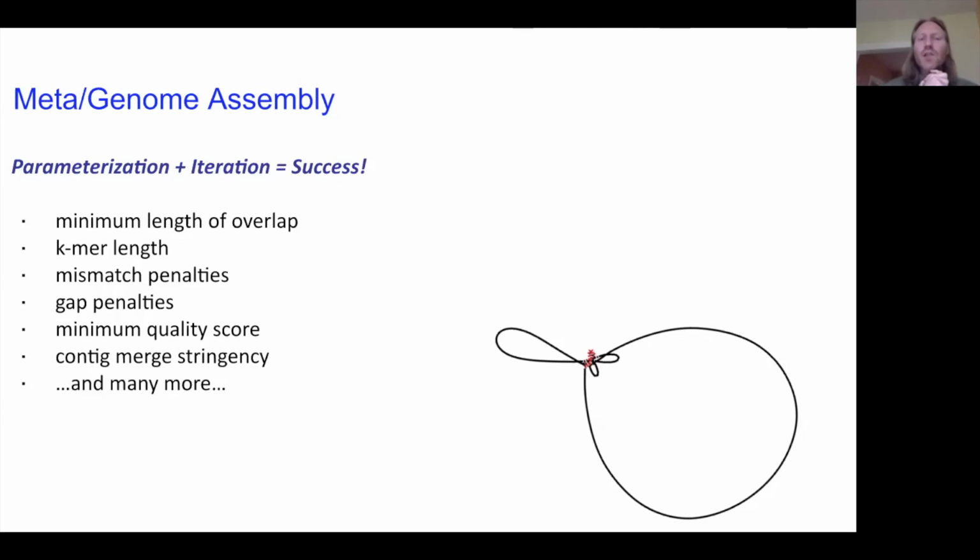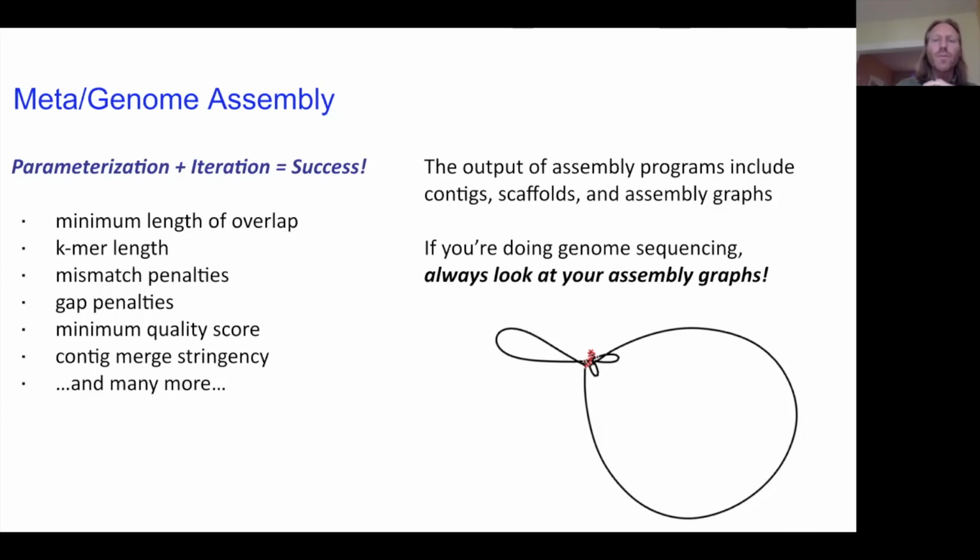And sometimes it's just by trying a bunch of things and finding out what works the best. So figuring out what the most important parameters are that you might adjust in whatever software package you use, and then just running it a bunch of different times and using some quality control software, which we'll talk about in a couple lessons, to figure out which assembly works best for you.